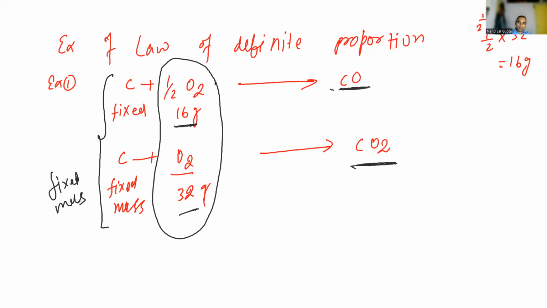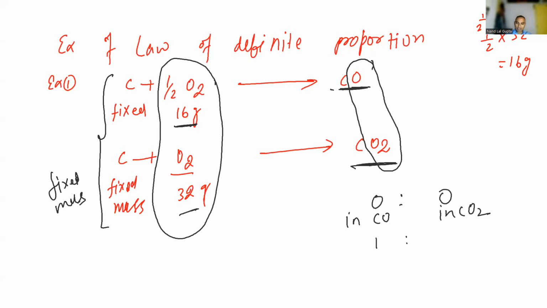Carbon is fixed, there is no problem. What about the oxygen? It combines in a fixed ratio. So the ratio of O in CO and in CO2: one oxygen means 16, and here two oxygen means 32. So it is 1:2. This is the simple whole number ratio.